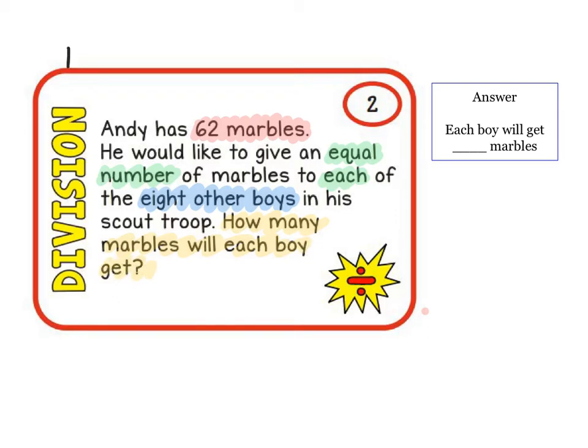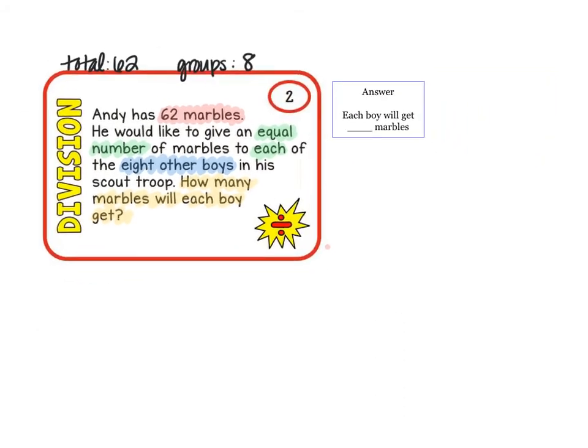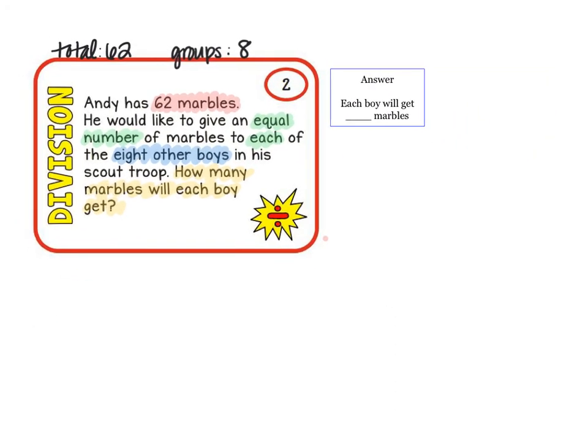So I know that my total is 62 marbles, and that my groups will be 8, because I want to take those 62 marbles and split them, or divide them, between the 8 other boys. So I'm going to divide 62 by 8. 8 doesn't go into 6, but it will go into 62 7 times, and 7 times 8 is 56.